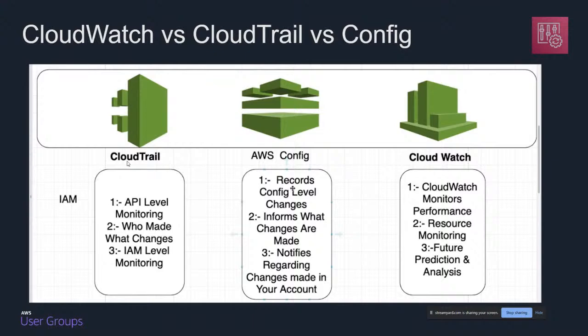If a user is not allowed to perform a specific action, CloudTrail will log it as not allowed or insufficient permissions. But what Config would do is it will check those config level changes against the rules that we have defined, either custom or AWS managed, and it will inform us about the compliance or non-compliance of the given resource against the defined compliance rules.